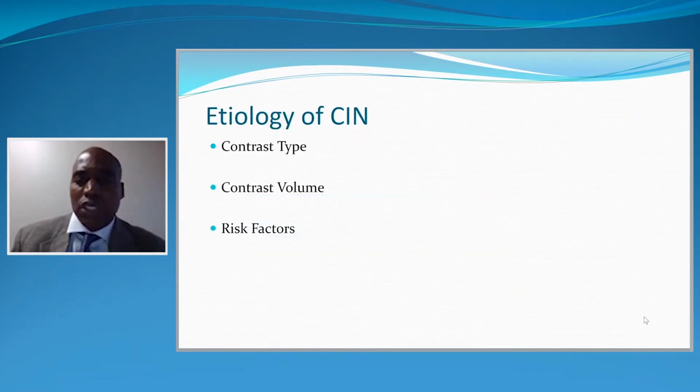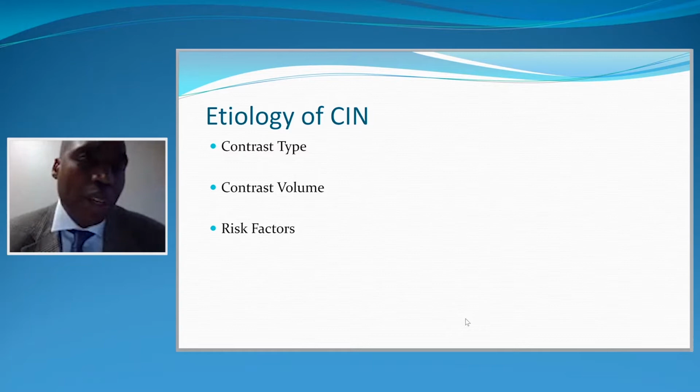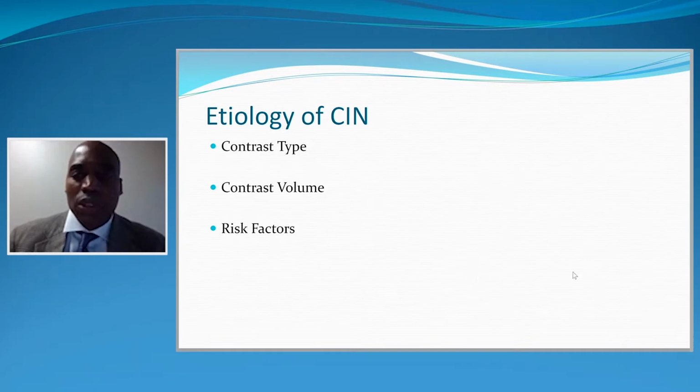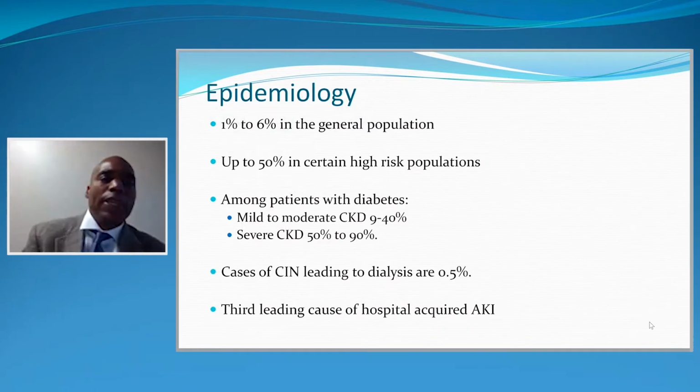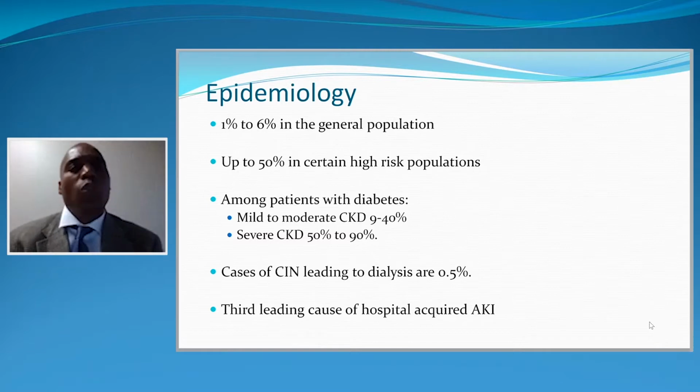The etiology of contrast-induced nephropathy rests on really 3 areas here: the type of contrast that one uses, definitely the contrast volume, and the risk factors. So the epidemiology. Approximately 1 to 6% of the general population would experience contrast-induced nephropathy when exposed. This can be up to approximately 50% in certain high-risk populations that we will talk about.